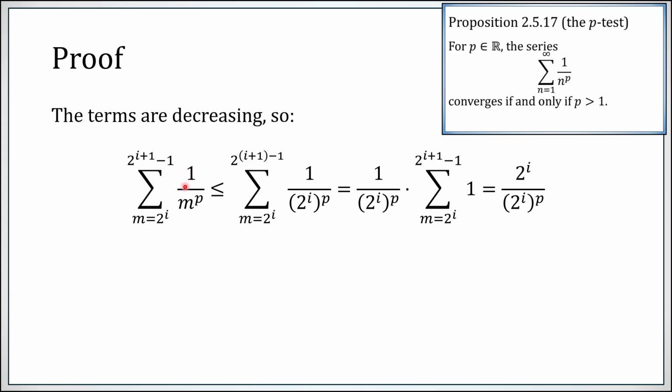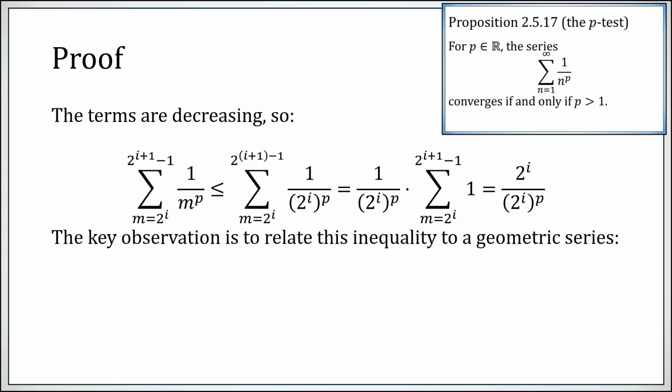So instead of adding up 1 over m to the p, where m starts at 2 to the i and goes up, I'm just going to add 1 over 2 to the i to the p the same quantity of times. But this is just a constant as far as this index of summation is concerned. So I can factor it out of the sum. And as we've seen before, if you count how many terms are in this sum, it would be exactly 2 to the i. These 2 to the i's are going to simplify very slightly.